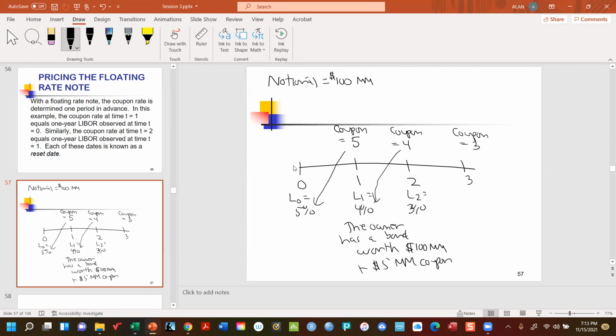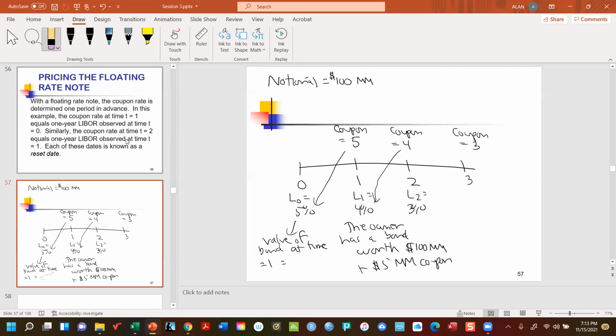How much is it worth 1 year earlier? So in other words, the value of this bond at time t equals 1 would equal e to the minus 0.05. Actually, no, for this, we're going to have to use discrete rates of interest.